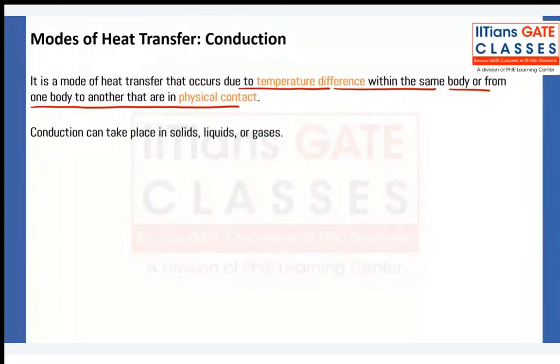A lot of people will tell you that conduction happens only in solids, or in the definition they will write that it is a mode of heat transfer that occurs in solids due to temperature difference. I am going to tell you this is not correct.